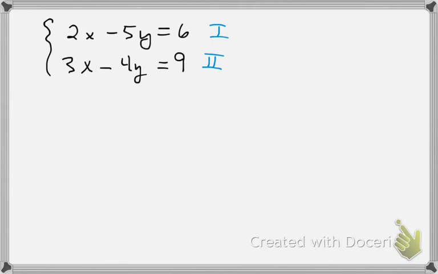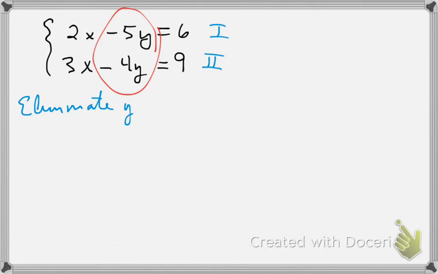Instead, let's choose one of our variables to eliminate. So what do you want to eliminate? All right, let's eliminate y. So in order to do that, I need to line these coefficients up.